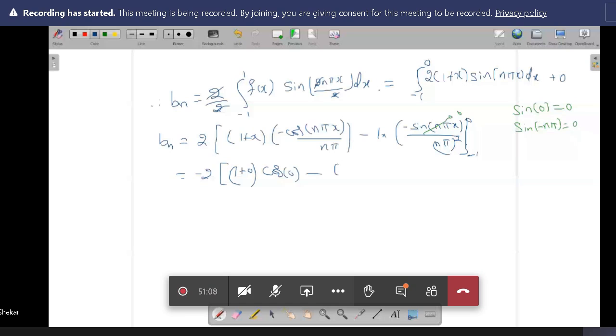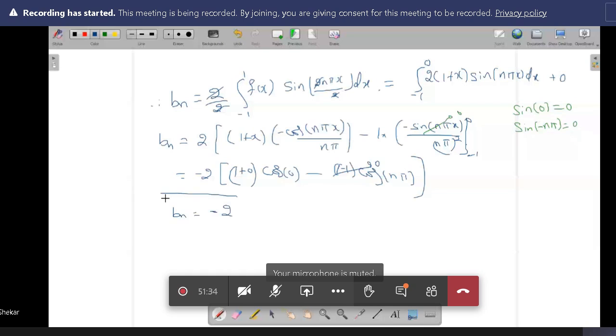So minus 1 minus 1 into cos n pi. So 1 minus 1 is 0, and we get b_n as minus 2, not minus 2, it is divided by n pi.